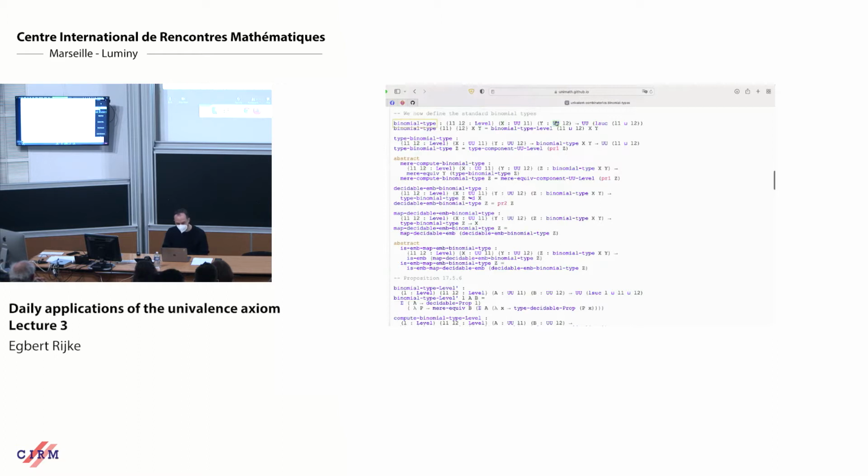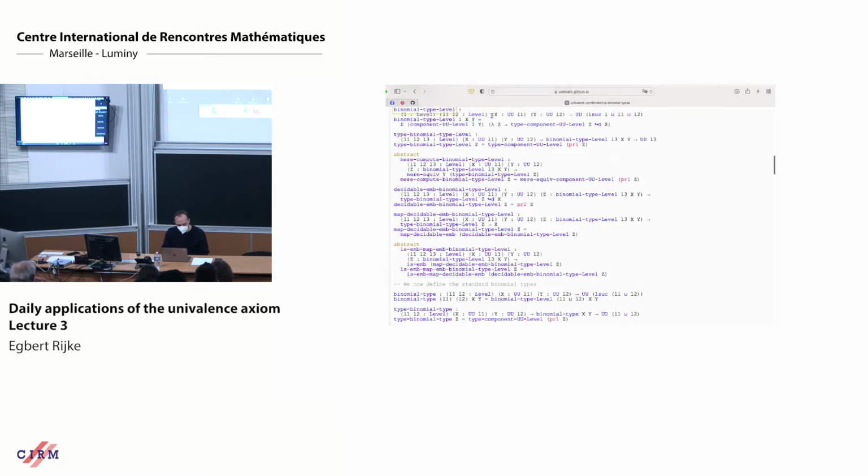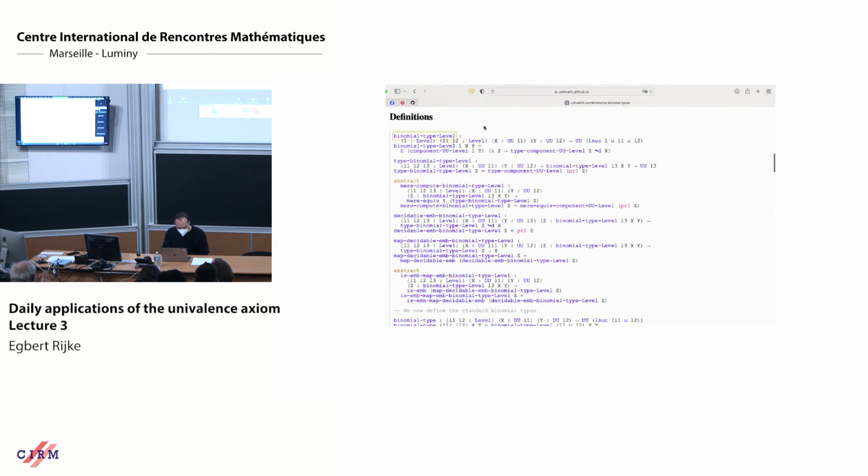It takes two types and then it says it has to be a binomial type of level. Let's see what that is. It is the type of all types in the component of the universe of level L at Y, and then it's this decidable embedding from Z, which is this type here, into X. So that's exactly the definition that I gave you.